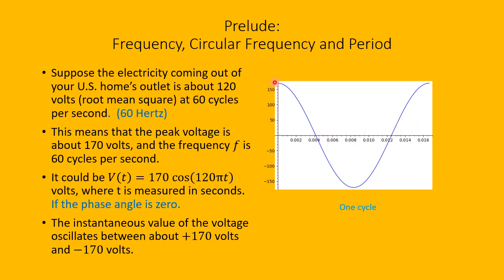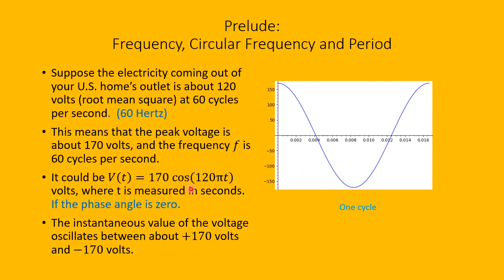The voltage would start at 170, it would decrease to minus 170, and then it would go back up to 170 at 1/60th of a second, which is about 0.0166 seconds.